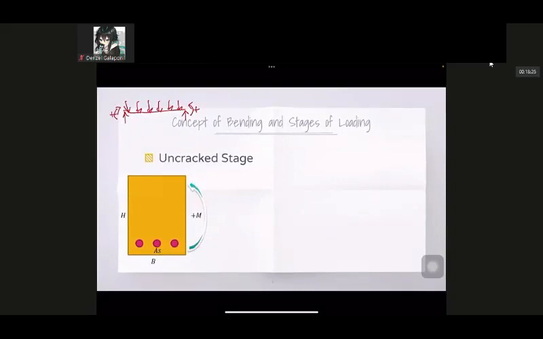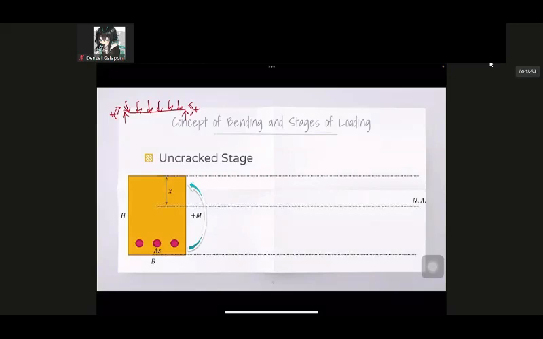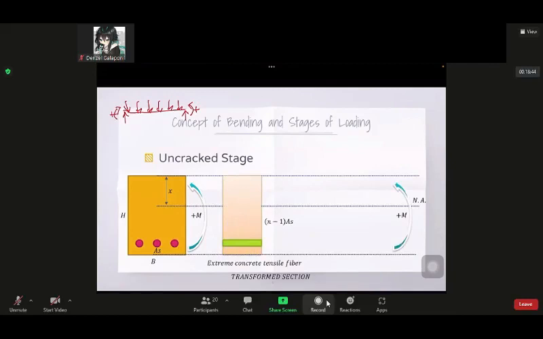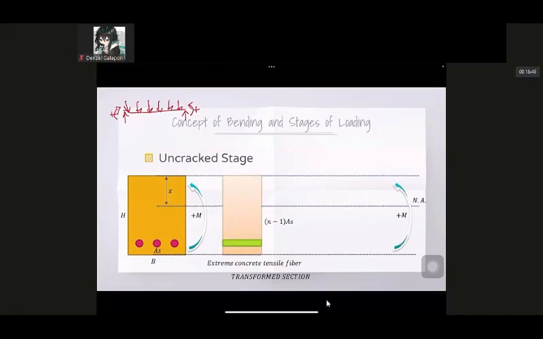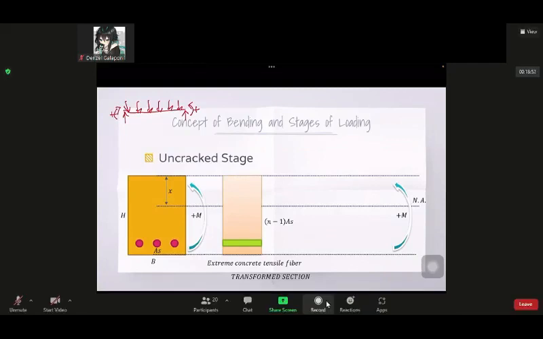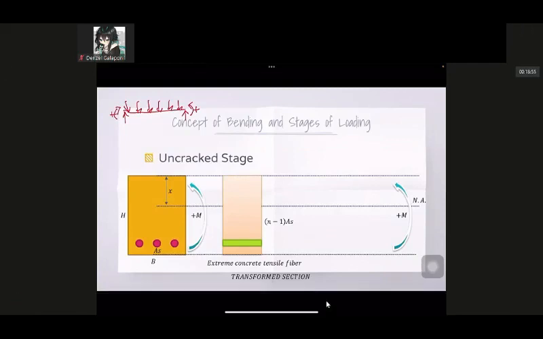And if we transform it into a transformed section, let's say this is the neutral axis of your beam, and the neutral axis distance to the top fiber, let's say that is X. So meron tayong extreme concrete tensile fiber sa baba. And yun nga, kung na-convert na natin into your transformed section, the AS or the area of steel will now become N-1 multiplied by your AS from your theory of structure.